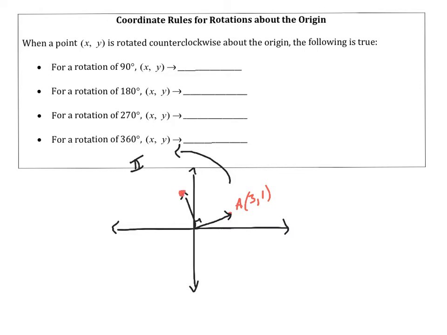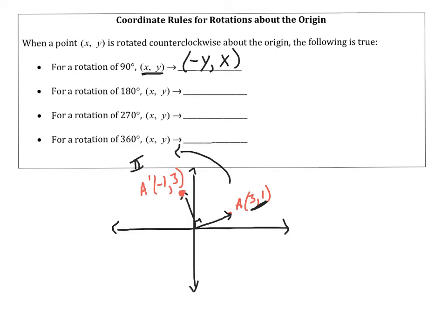So now this is going to be A prime, located at (-1, 3). I want to think about how that coordinate has changed. It started off as an (x, y) coordinate at (3, 1), and now it's gone to (-1, 3). So what's happened is the y has moved to the front position and it's changed sign, and the x has moved to the back.